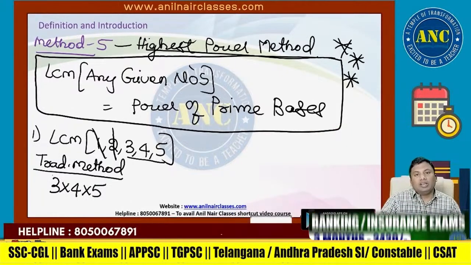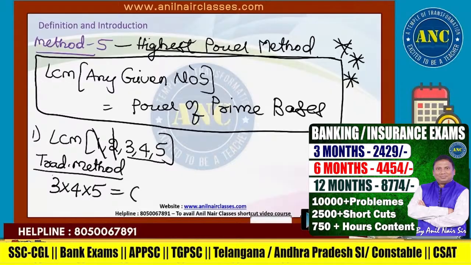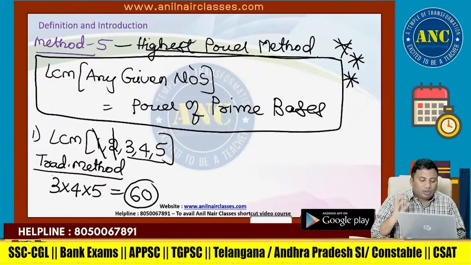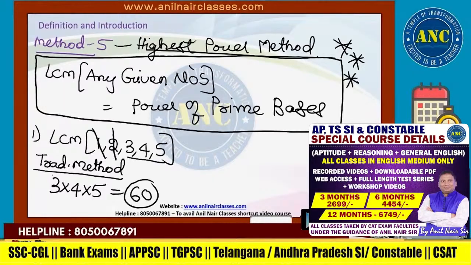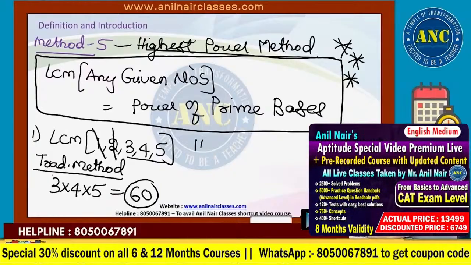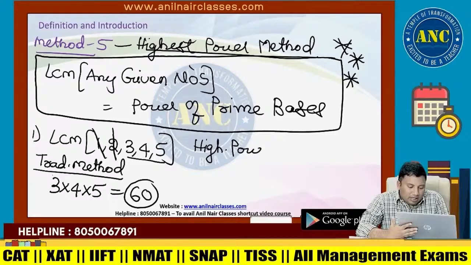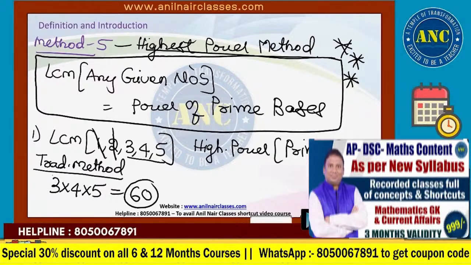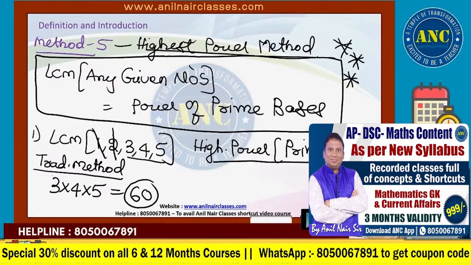Because the LCM of co-prime numbers is their product, which is 60. 1 is a factor of 4 and 2 is a factor of 4. 1 is eliminated, 2 is eliminated. The LCM of co-prime numbers is their product. Highest power method, based on prime bases. Listen carefully.